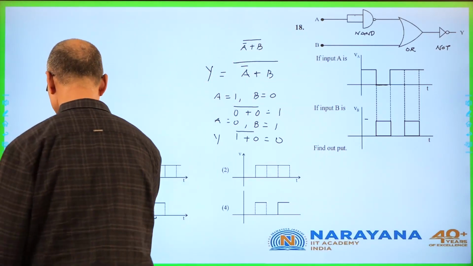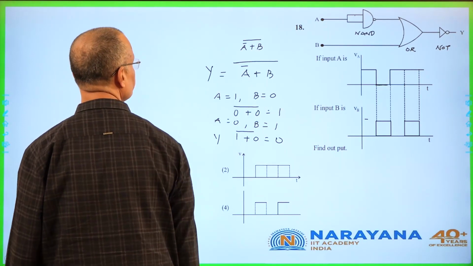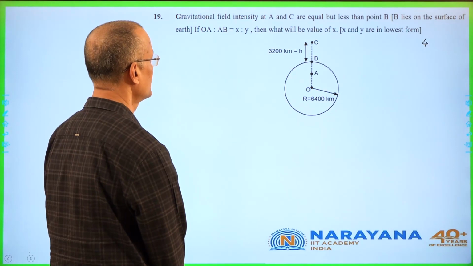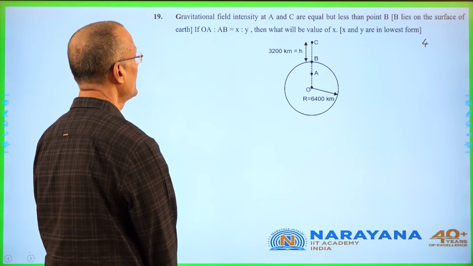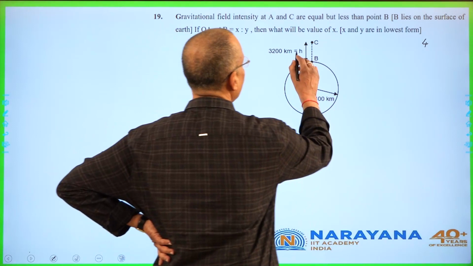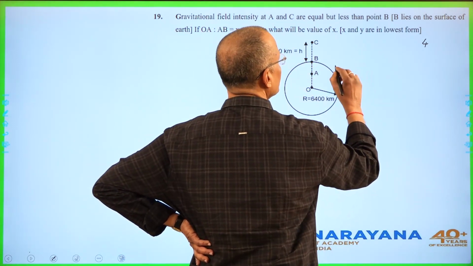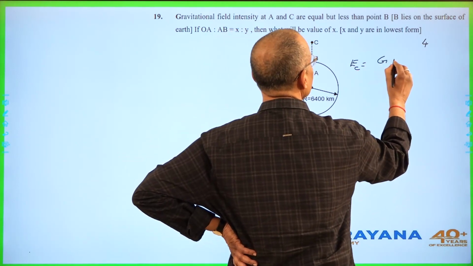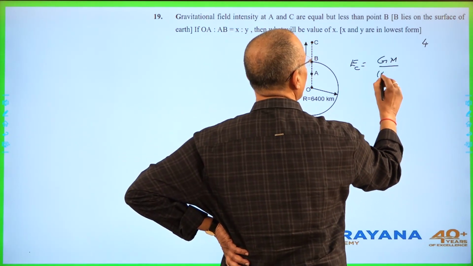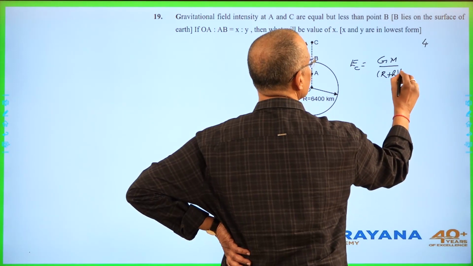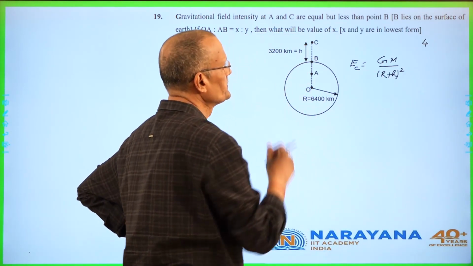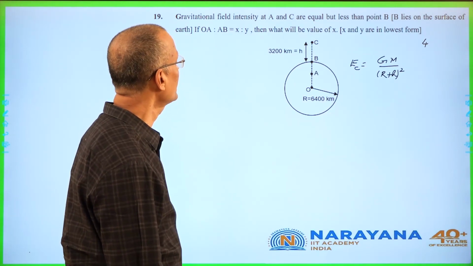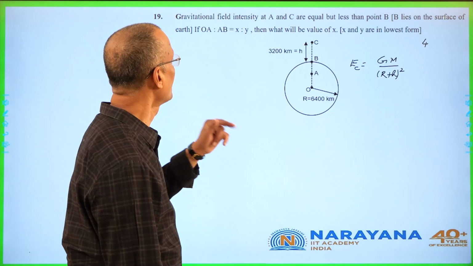I am now moving to question number 19. Gravitational field intensity at A and C are equal. So where is C? C is at height h. Simple. So EC equals GM by (R plus h) squared, for the C point.